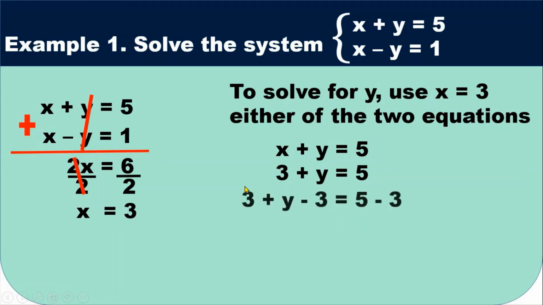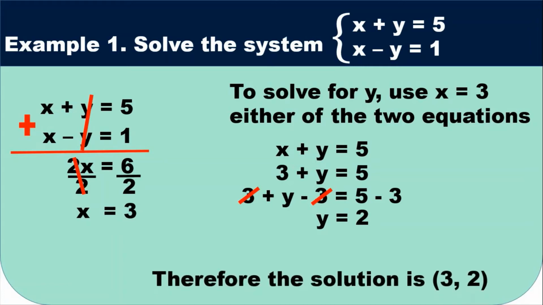Subtracting 3 from both sides will give us the value for y, which is 5 minus 3, equivalent to 2. So therefore, x is 3 and y is 2, and the solution of the system is (3, 2). Therefore, we expect that the graph of these two equations intersect at point (3, 2).